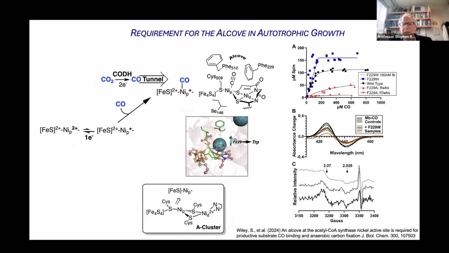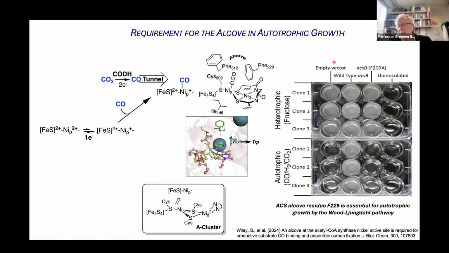And what we find from that is that if you make an alanine mutation, you completely wreck the ability of the protein to bind CO. Whereas if you take that phenylalanine and convert it to tryptophan, you can make it bind much tighter. So we have a very high degree of tunability here, going over about 2,000 fold.